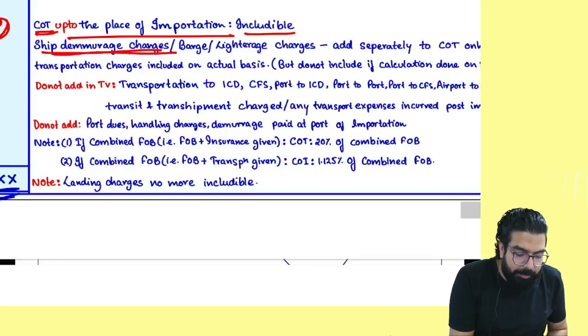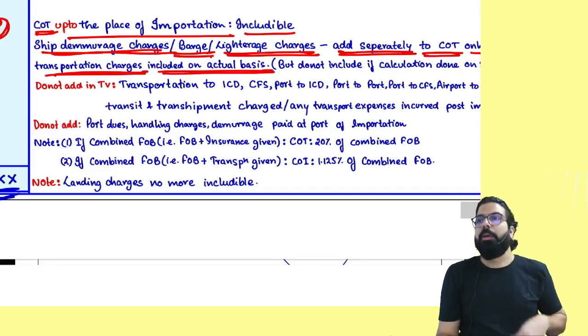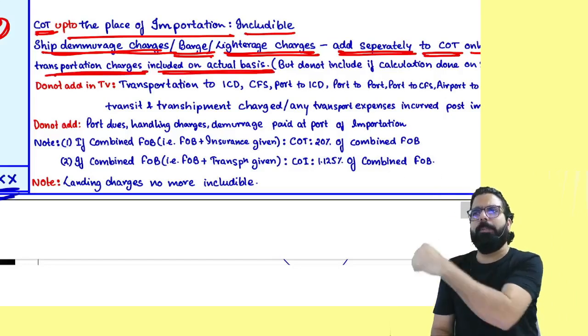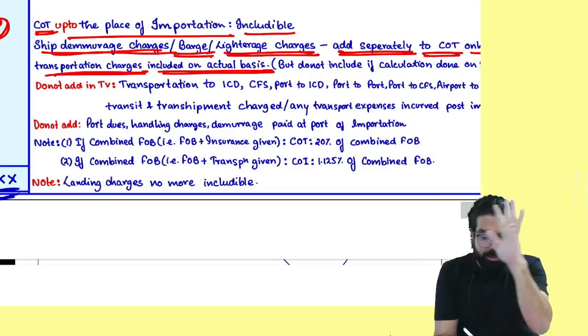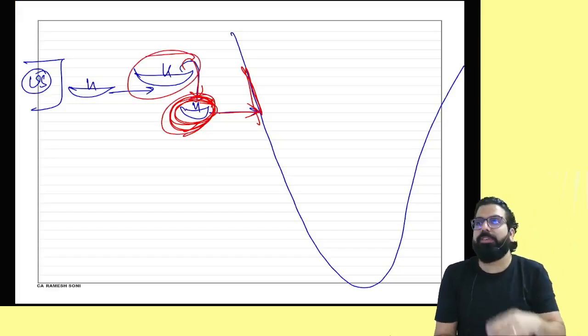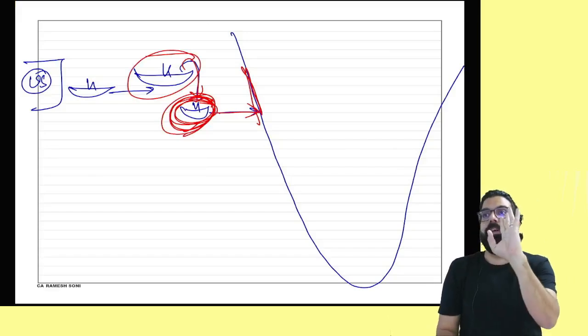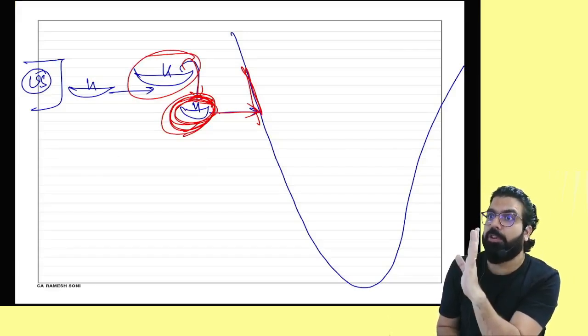They are saying ship demurrage charges, barge, lighterage, add separately to the cost of transportation, only if transportation charges are taken on an actual basis. But tell me one thing, if you took 20%, in that 20%, the transportation of the main ship, the small ship, everything is included. People, when you take 20%, you assume all transportation costs are included.